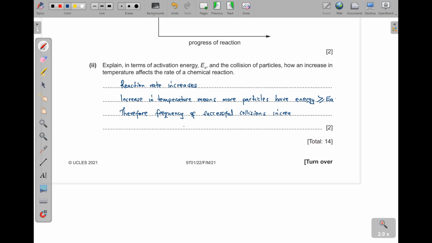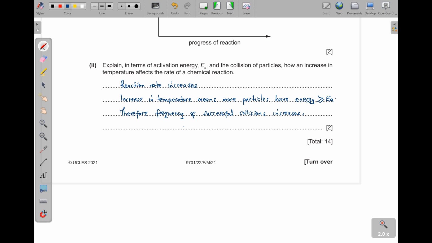For the rate, you have to talk about the frequency of successful collisions. And for the temperature, since it increases the energy of the reactants, you have to tell us about the activation energy: is the energy they have greater or equal to the activation energy?